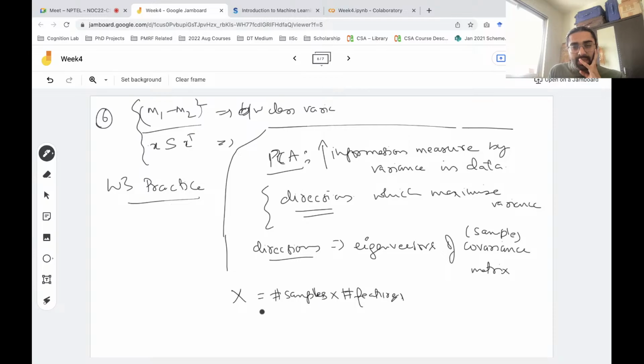Does anyone know how to calculate the covariance matrix from here? Given this data, how do you calculate the covariance matrix of X?